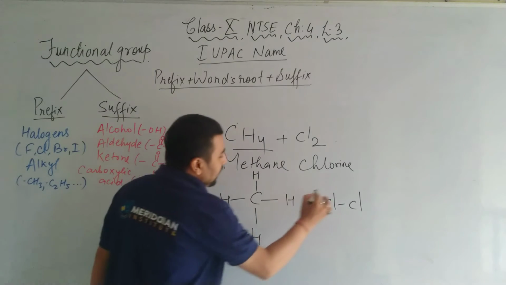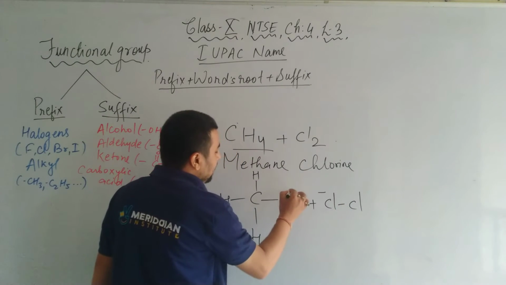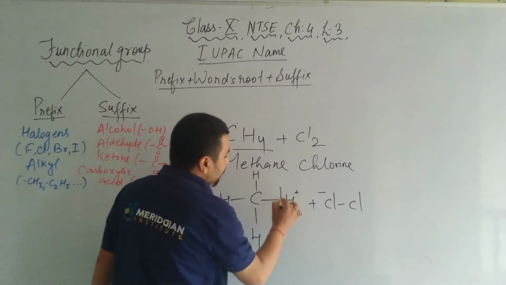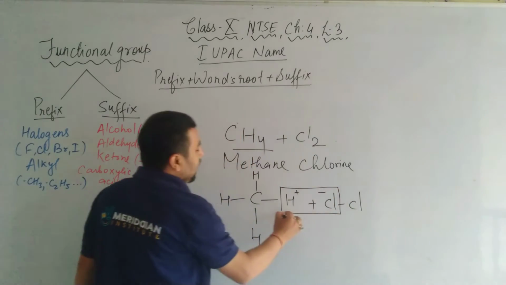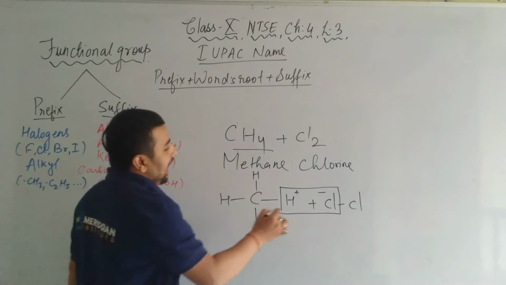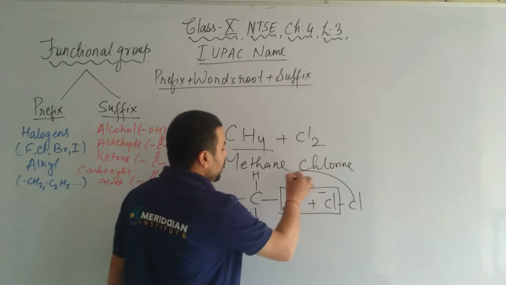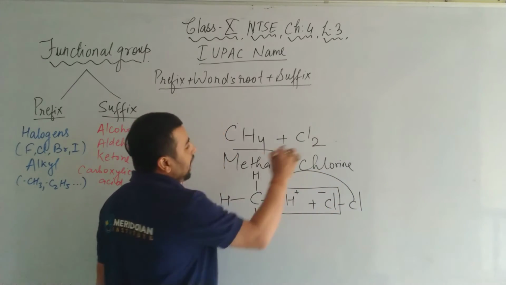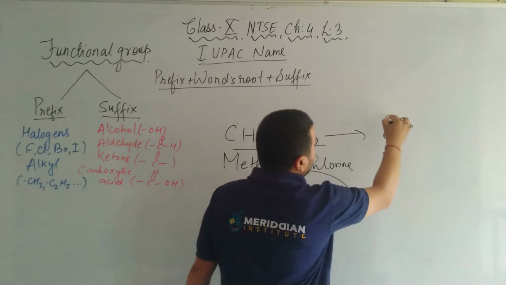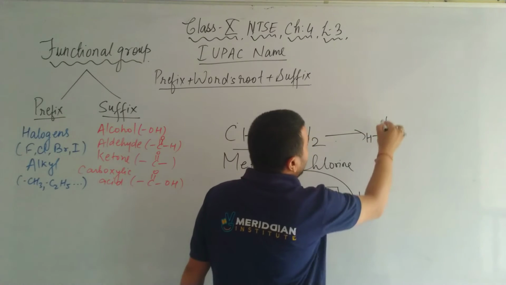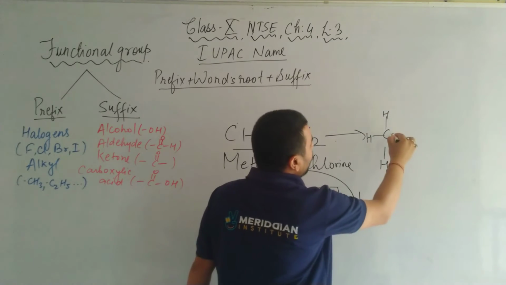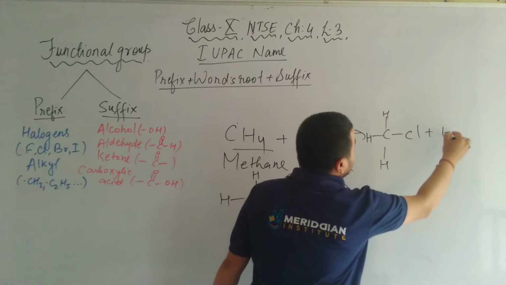This chlorine is minus, this hydrogen is plus. They both will join and make a compound called HCl, and this chlorine will shift towards this carbon atom and make a compound CH3Cl, 3 hydrogen atoms and 1 chlorine atom, and HCl.